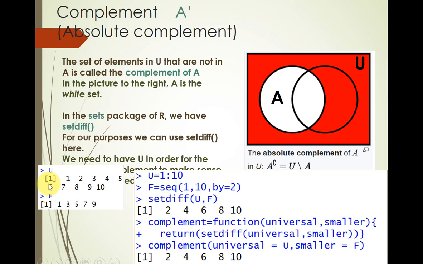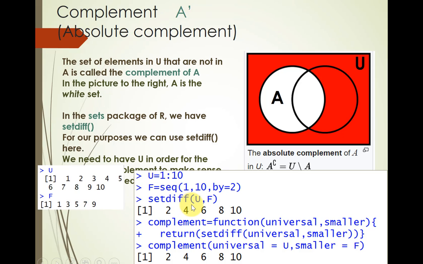Okay, so we have U and we have F. We use the colon here for U, and we used a generalization of the colon called seq, or sequence, for F. Now we use setdiff, which is part of the sets package, and I forget now if I needed to do library sets or not, or if it's just part of R. So you might have to type in library sets before you can use this setdiff.